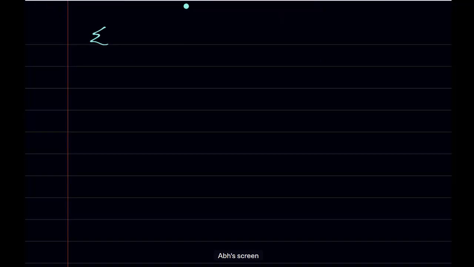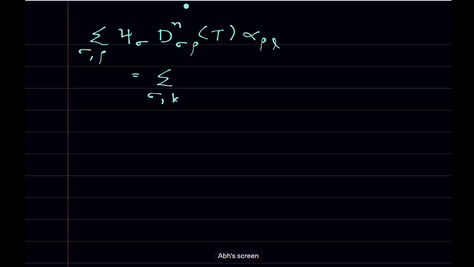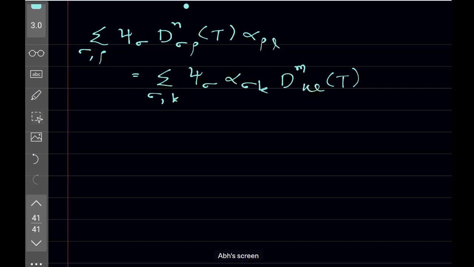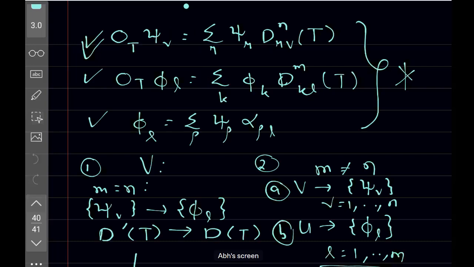So we found that summation sigma rho psi of sigma D N sigma rho, and this is the matrix representation of T, not to forget, alpha rho L is equal to sigma K psi sigma alpha sigma K D of M K L of T. So quick check: D M here, D N there, and this is what we get.